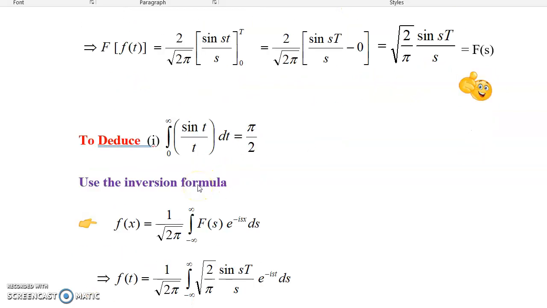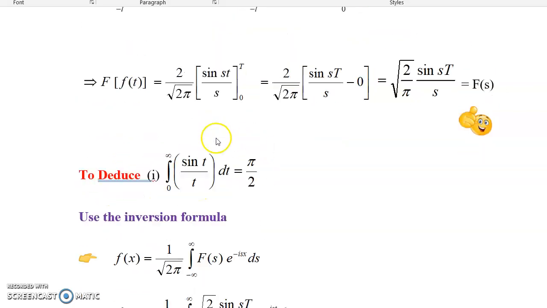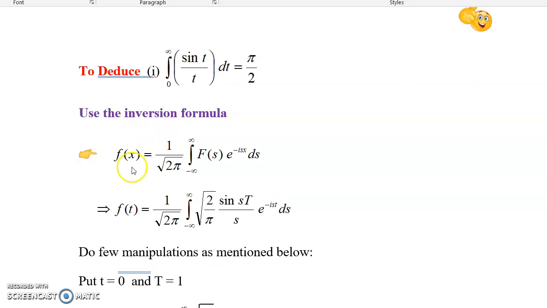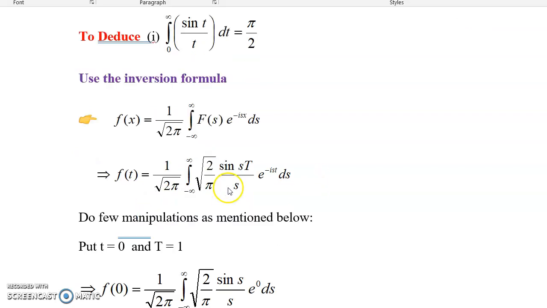So let us use the inversion formula. When you have a similar term to the answer, you have to go to inversion. So let us use the inversion formula. This is the inversion formula of the Fourier transform we have written. Now in the inversion formula, change the variable x as t, since we are dealing with the function of t here, f of t equal to 1 by root 2 pi integral minus infinity to infinity.